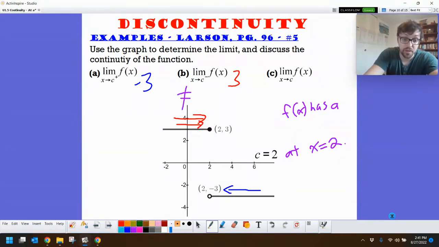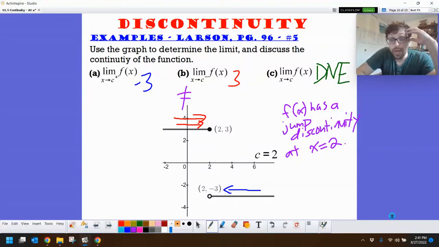Since those things are not equal to each other, the limit does not exist. And neither of them are heading towards infinity, meaning that this is a jump discontinuity. If you do not have a limit, then you have a jump discontinuity if neither limit is heading towards infinity.